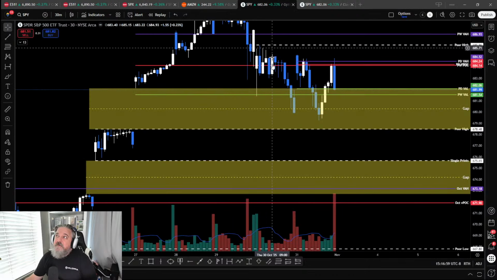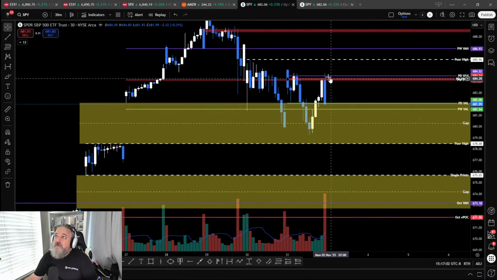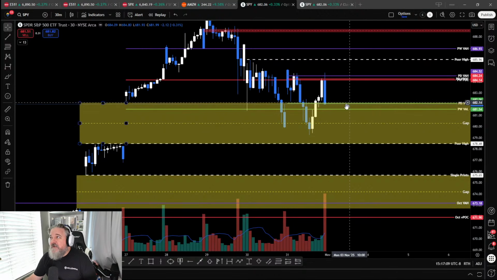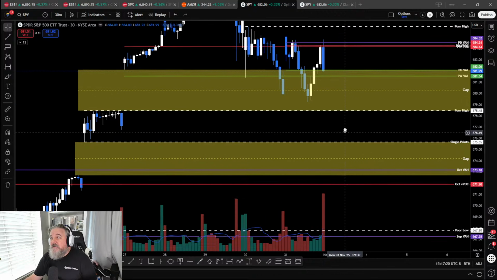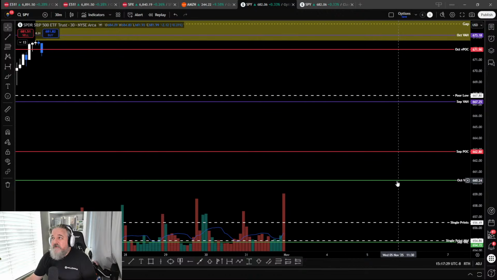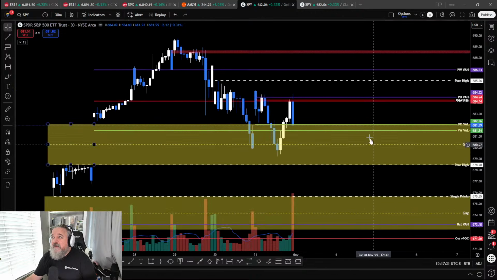Previous week POC. So we're right around here right now on SPY. But I noticed if we lose this zone, the previous day value area low, previous week value area low, and clean all of this up, things could start getting ugly if we fall back inside October and clean up this second gap that we have. Then we're looking at a pretty good move to the downside.